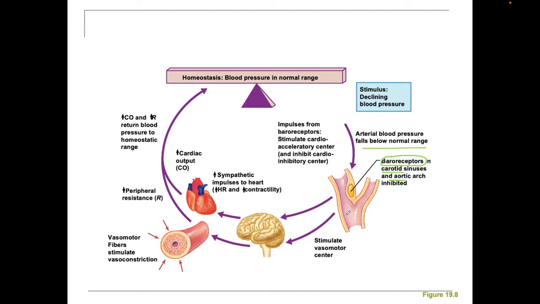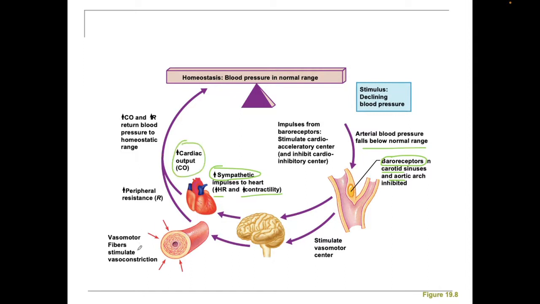Now it's going to send the information to the neural system, to the vasomotor center, and these signals are going to now increase the sympathetic output, which is going to increase the heart rate and increase the contractility force of the heart, which increases the cardiac output.